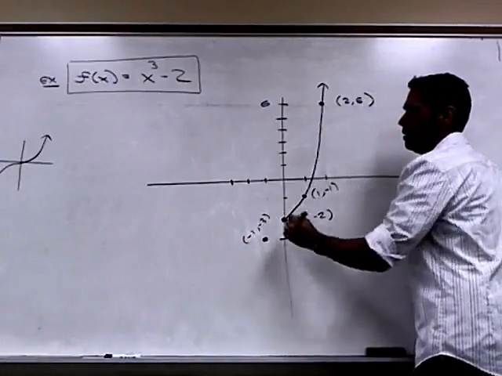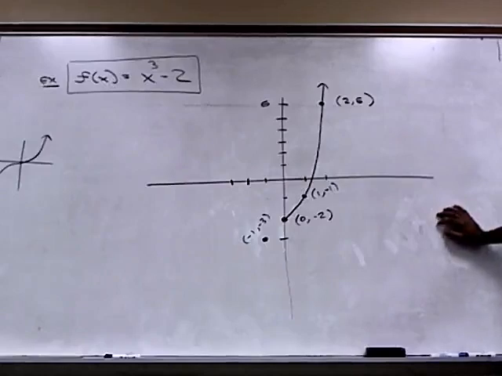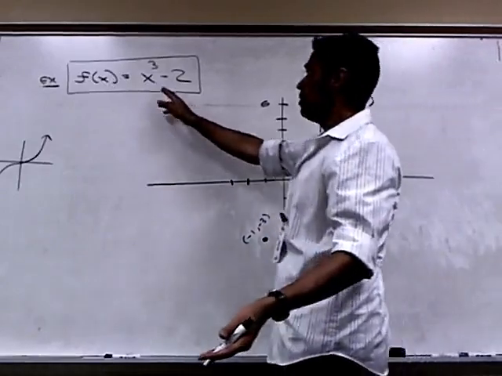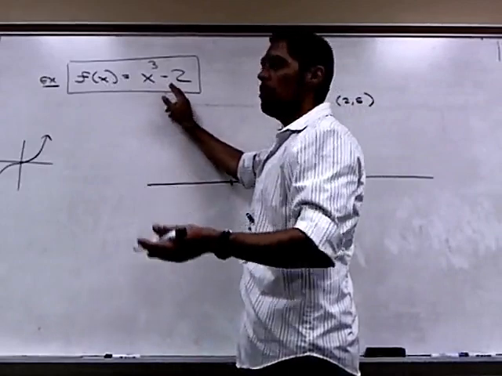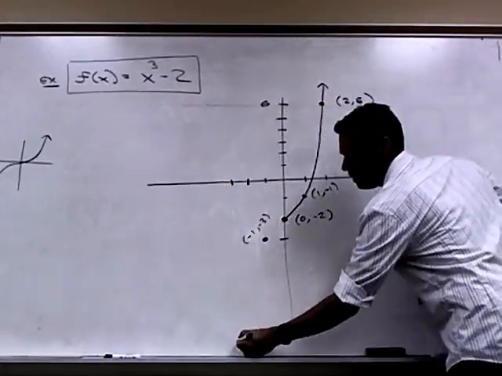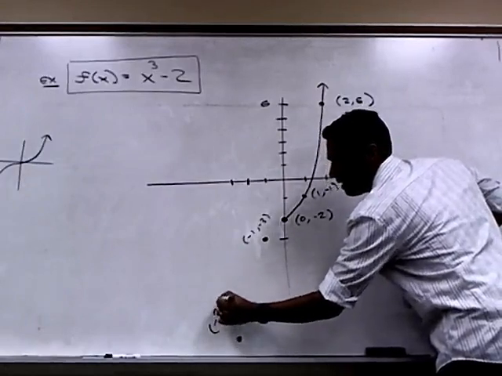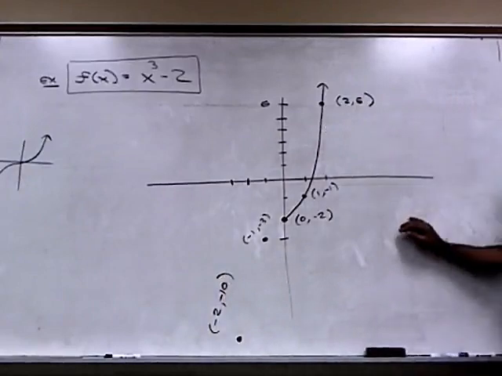One more point. Plug in negative 2. You get negative 2 cubed, which is negative 8. And then you take away 2 more, you're at negative 10. So you're way down here, right? Negative 2, negative 10. Off the camera, probably. Y'all follow?